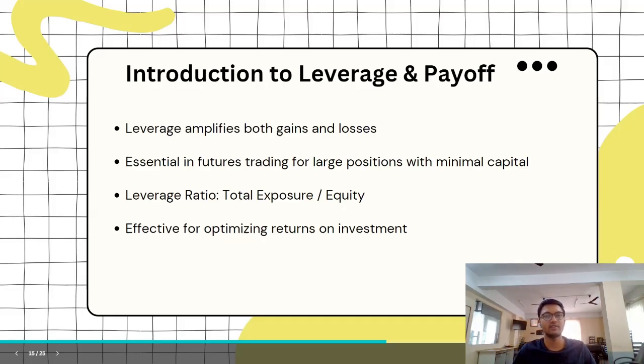Because if I have, let's say, 1,000 rupees, I will be able to make only 100 rupees when Tata Steel goes from 500 to 550 rupees. On 1,000 rupees of capital, I make only 10% if the stock goes 10% up today. That is 100 rupees on 1,000 rupees of investment.